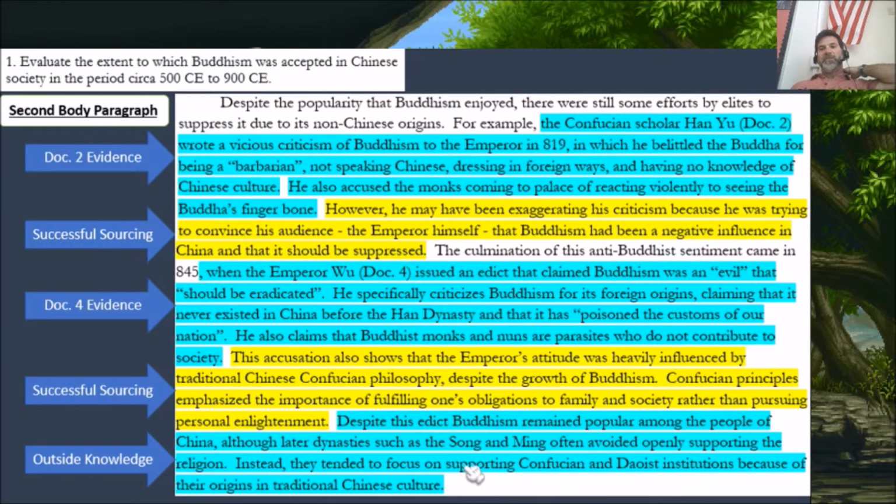Instead, they tended to focus on supporting Confucian and Taoist institutions because of their origins in traditional Chinese culture. So, it's outside knowledge that's not specifically mentioned in the documents that still adds some depth to our understanding of this argument as a whole. Basically, outside knowledge can be drawn from a bunch of different directions as long as it is in service of your argument and shows how much more you know about that particular argument.